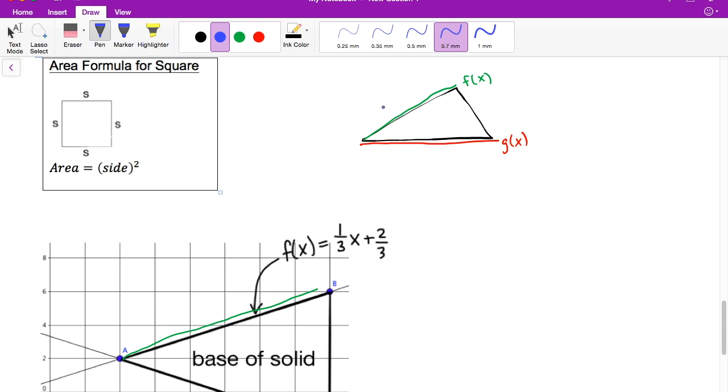And one example of the square cross sections, I'm not going to be able to see what this solid looks like, but that's not important. I'm going to draw the cross section here. So it's a square.